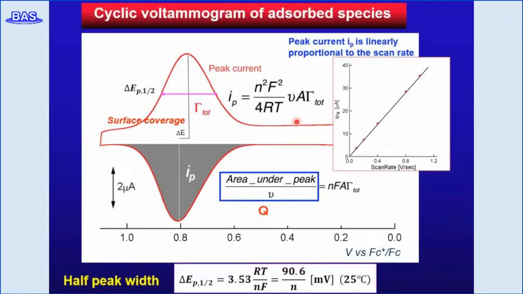The area of this gray portion of the CV peak, by scanning the potential, corresponds to the total amount of the charge resulting from the electron transfer between the adsorbed species and the electrode. So the concentration of adsorbed species can be determined from these areas.